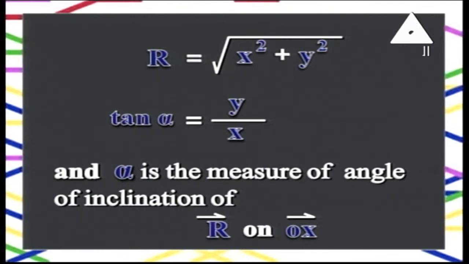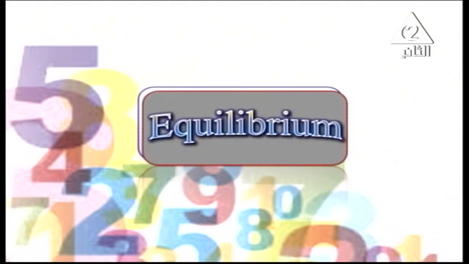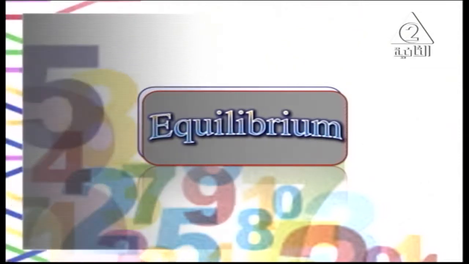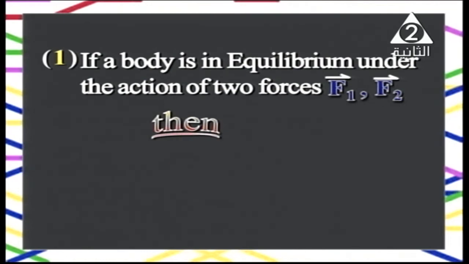My dear student, we move to another, very important title, called equilibrium. What do you mean by equilibrium? My dear student, if a body is in equilibrium under the action of two forces, F1 and F2, what do you deduce? Equal in magnitude and opposite in direction.